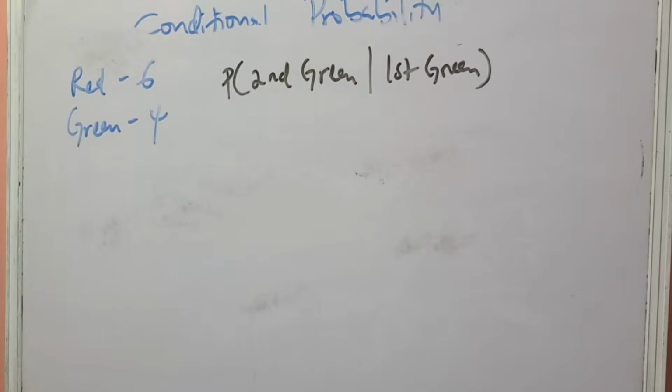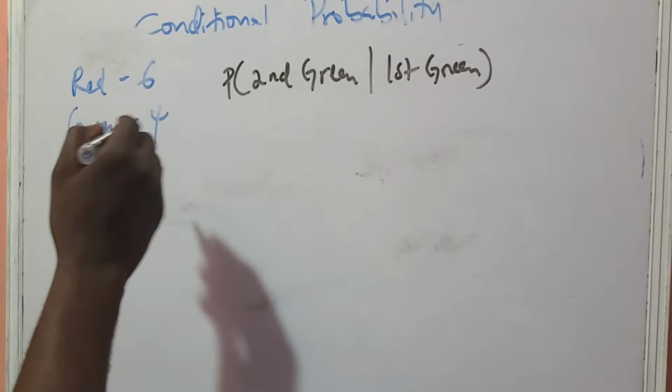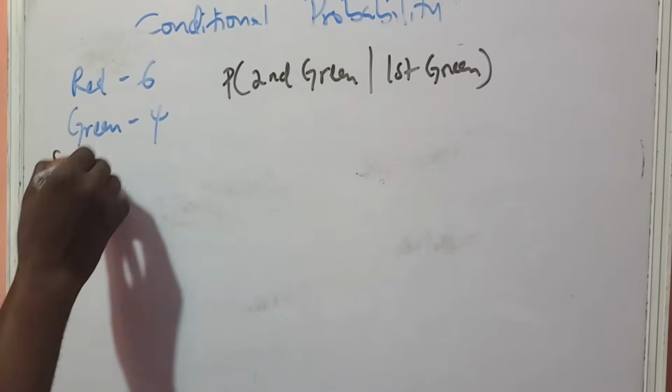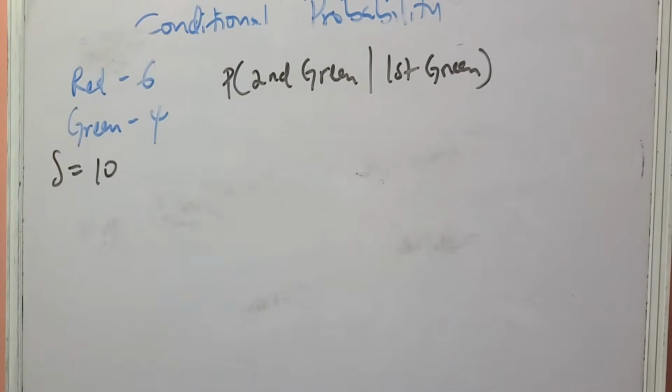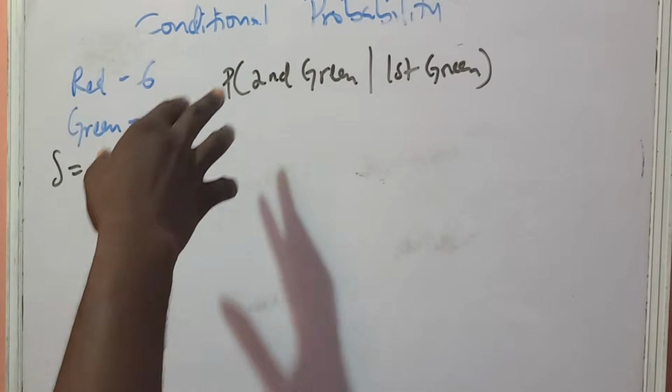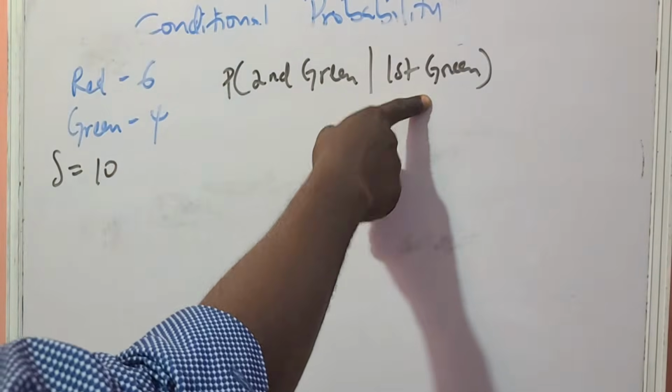All right, look at what we have here. The sample space here was 10, because of course the two colors make a total of 10 different balls. Now, when you're dealing with this, the first was green already.